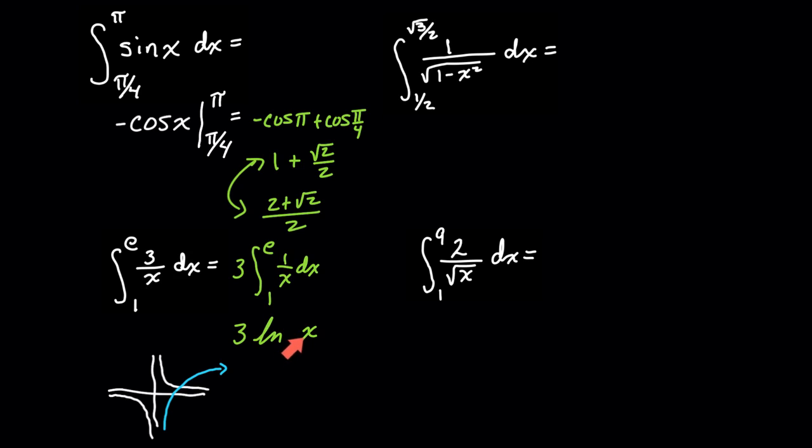However, natural log of x only works with positive numbers. So if you have a boundary here that includes a negative value, you would need to convert that to a positive value. And the way we do that is anytime you take an integral and it comes out to be natural log of something, you are always going to put absolute value bars around your x there.